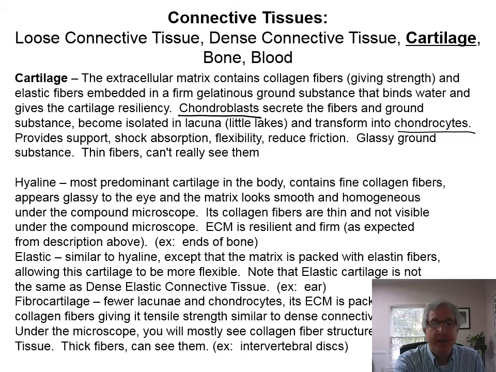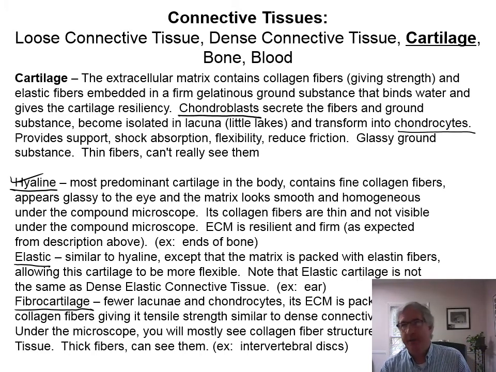And let's see what else. So what types of cartilage are there? Well, there's three types: hyaline cartilage, elastic cartilage, and fibrocartilage. Hyaline cartilage is the most predominant cartilage in the body, containing fine collagen fibers. If you look at it in the microscope, it just looks glassy. You can't see any fibers at all. The extracellular matrix looks very smooth and homogeneous.